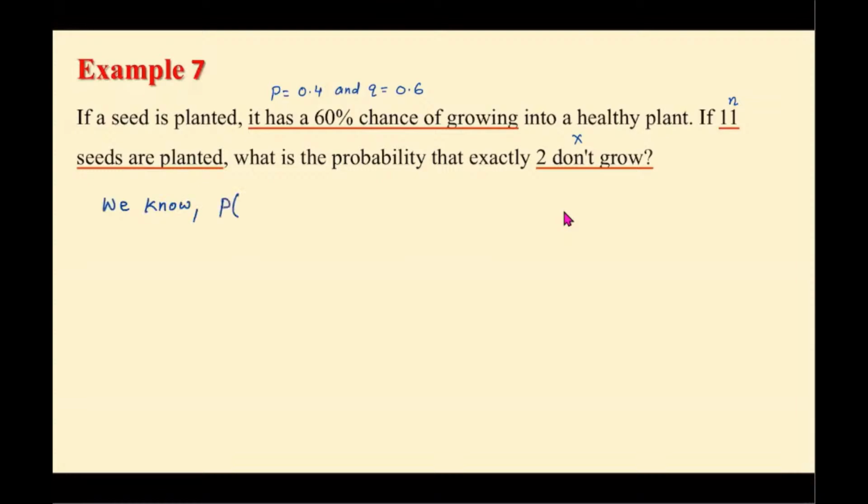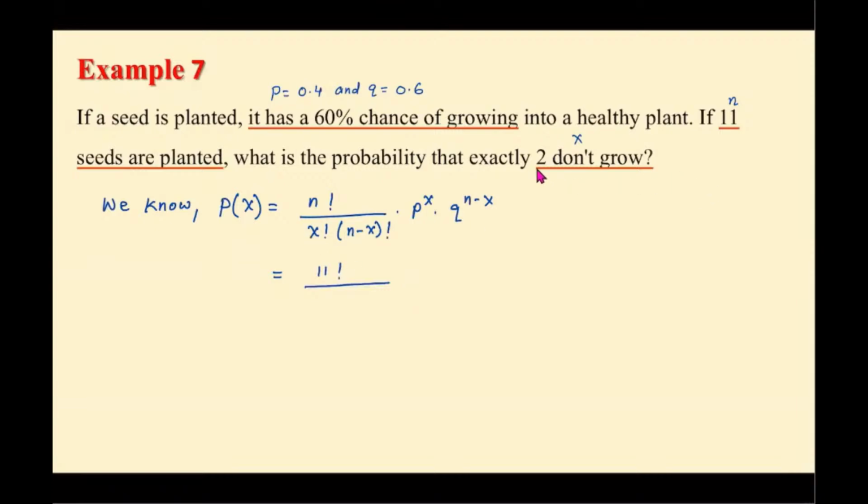The probability of X successes out of N is equal to N factorial divided by X factorial and also N minus X factorial in the denominator, multiplied by P to the X, multiplied by Q to the N minus X. So let's plug in the values. N is 11, so it is 11 factorial divided by X factorial.